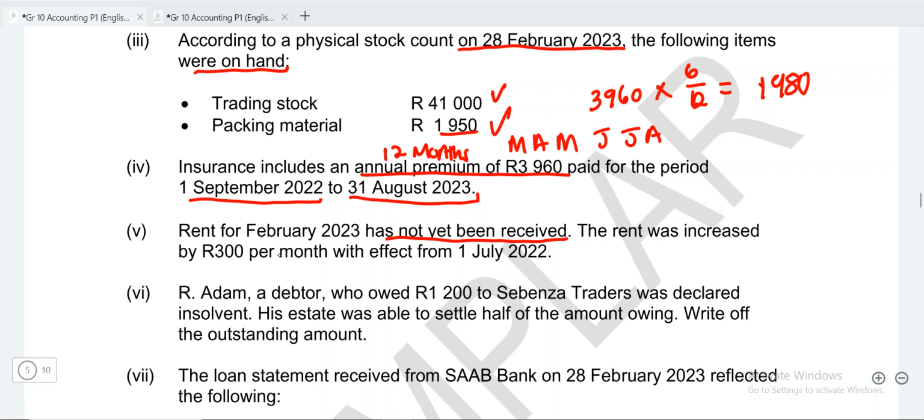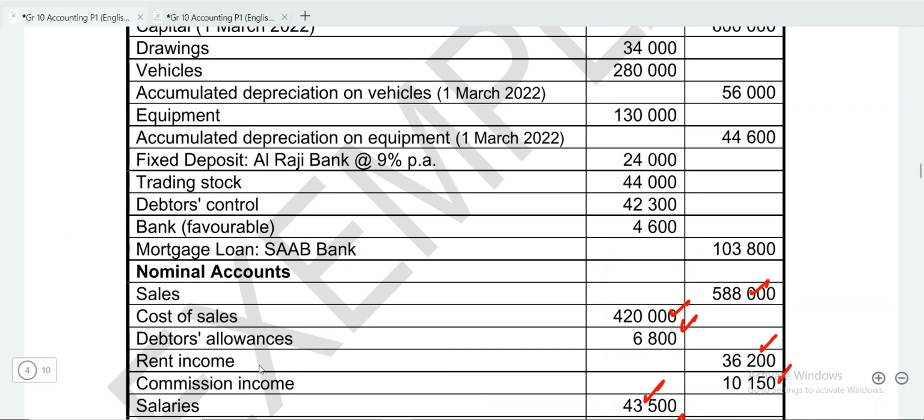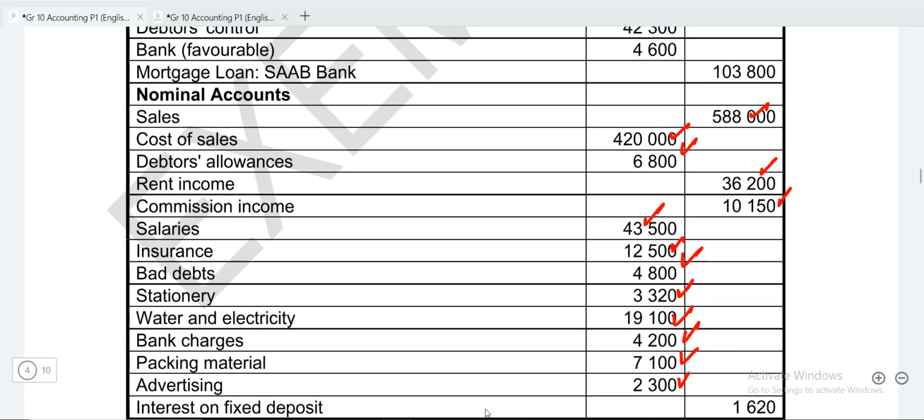the rent was increased by 300 per month with effect from July 2022. So meaning that this amount that I got, remember for rent income, the amount that we got for rent income according to this is 36,200.